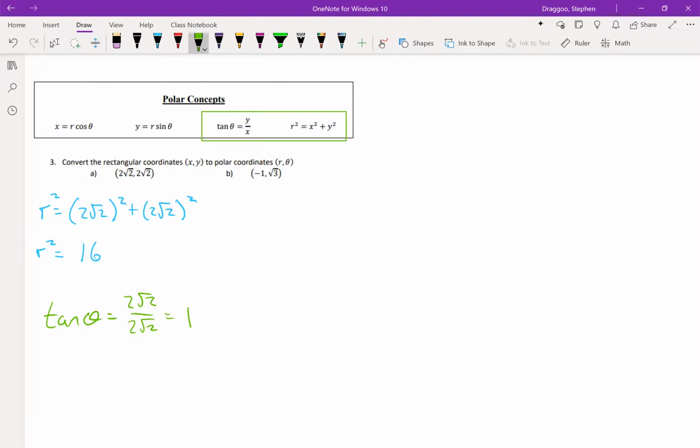So I have a number of different options for theta here, so it's going to be important to pick one of the correct ones. Looking back up at our point, both x and y are positive, so we should be in quadrant 1.